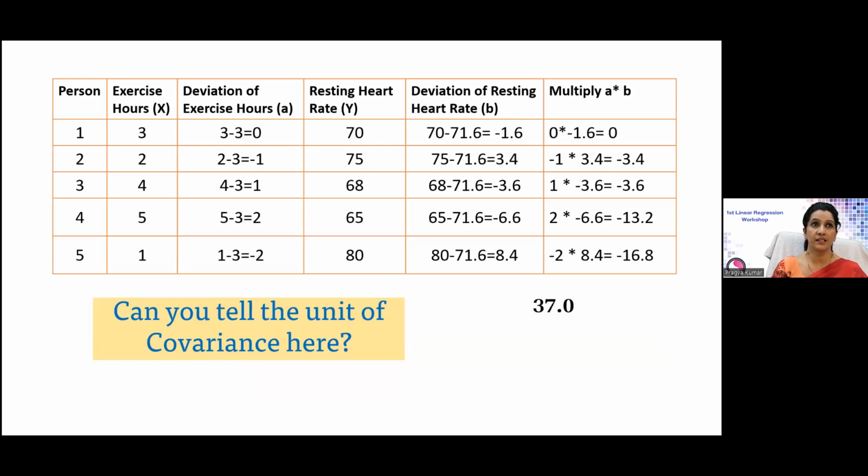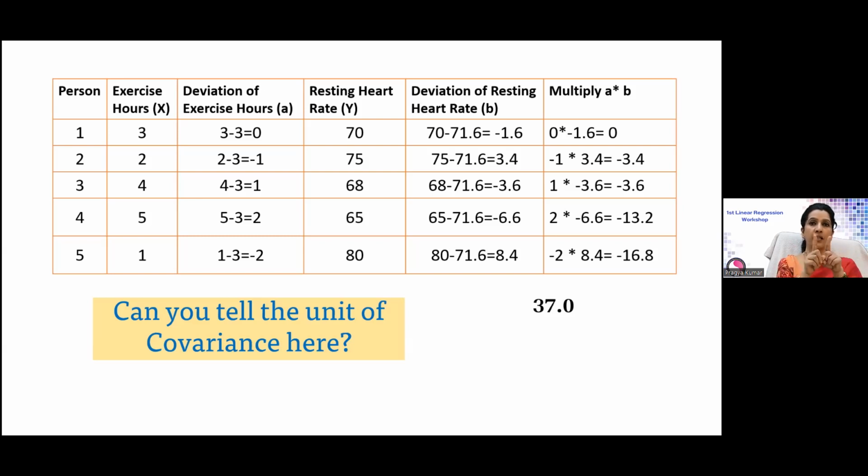So yes, tell me, Dr. Vasundhara, what will be the unit if you have multiplied a resting heart rate, that is a number, which is per minute, and then exercise, hours per week, then what will be the unit? Yes, can you all please write it down in the chat box?